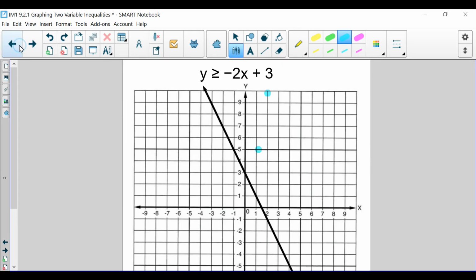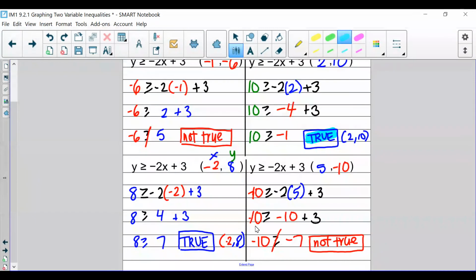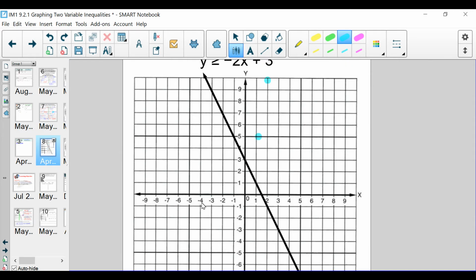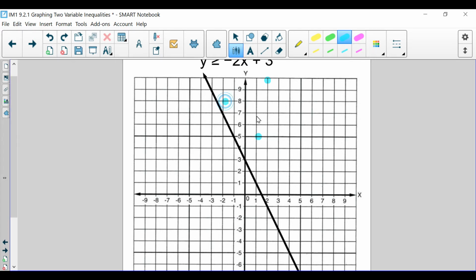And let's see, what else can we test? We also can see that -2, 8 is considered a solution. So let's look at -2, 8. That's here.